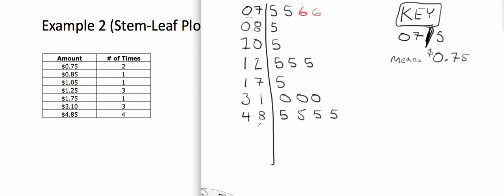So instead of having 0, 7, and then just the 5s, we could have a 6 tacked on. So anything in the 70-cent range fits in here, anything in the 80-cent range fits in here, and so forth. That's how we're able to group the data better. That's what a stem leaf plot does for us, but it takes a little bit more effort and a little bit more thinking because we have to come up with this key right away. And if you don't have a key, it's wrong.